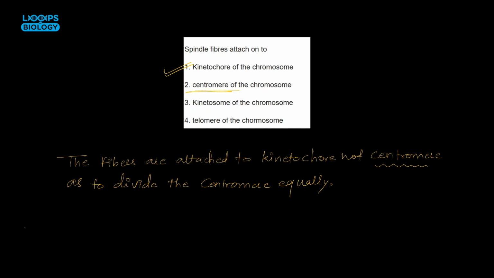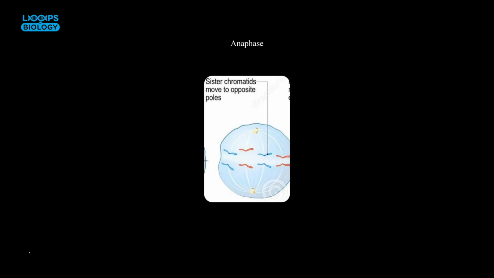Next case is your anaphase. Right. Before that, I want to give you one question: whenever scientists have to study the chromosome, its structure and number, which phase is important?